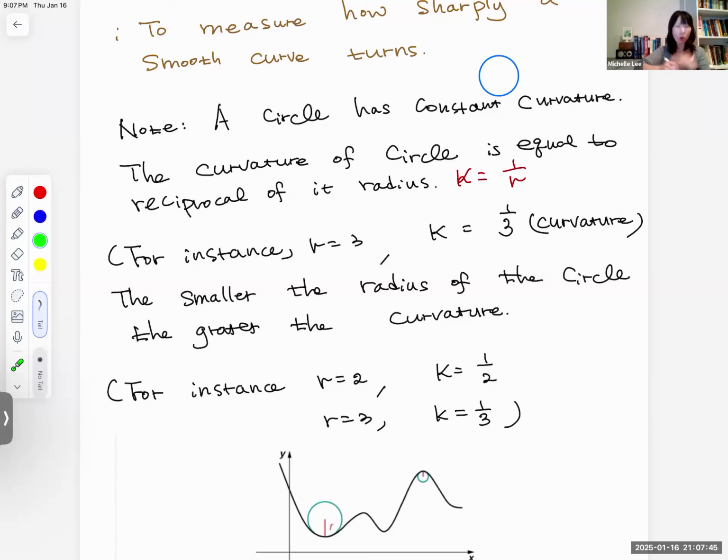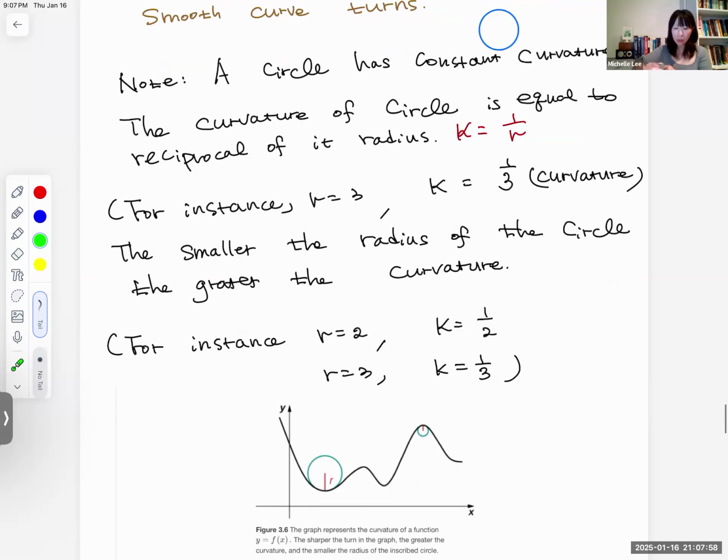That is what I talked about earlier, right? So think about R equal to 2, then curvature will be 1/2.